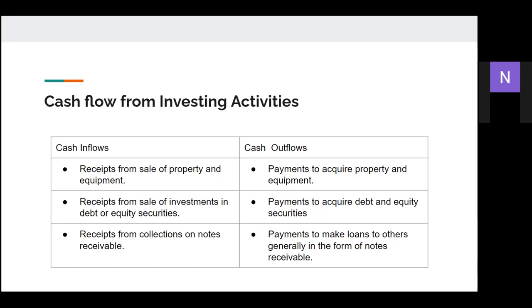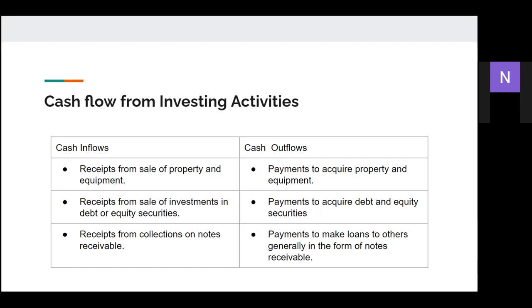And the third one, receipts from collections on notes receivable and sa outflows, payments to make loans to others, generally in the form of notes receivable. So, ang mas example nito is promissory note. Pag sinabi natin promissory note, ano na ba yun? Written promise to receive money at a future date. Mas to sa high school ata eh.